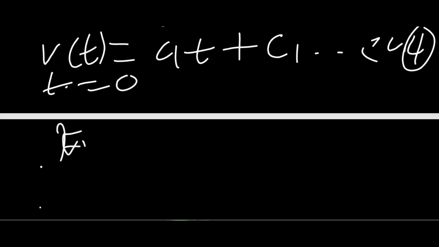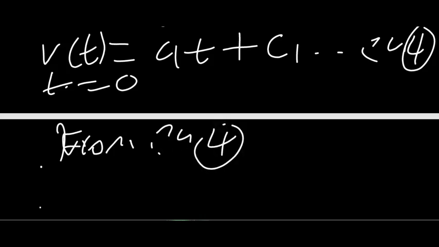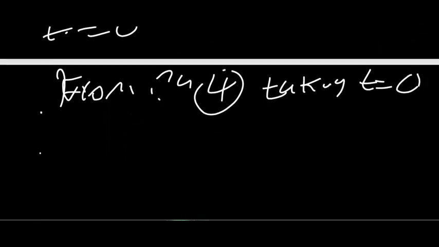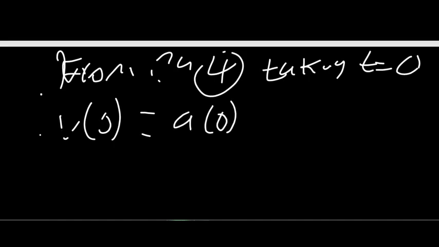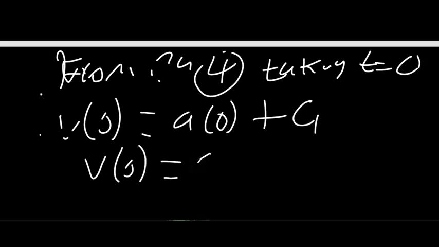So if we substitute this into equation 4, taking t to be equal to 0, we get v is 0 plus c1.